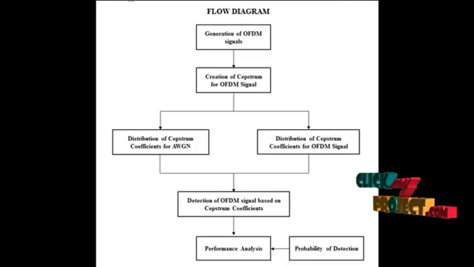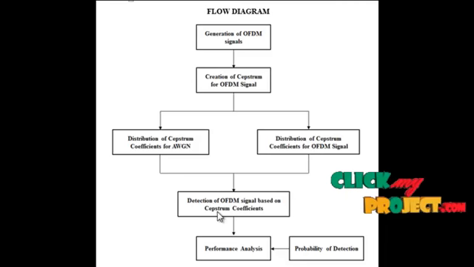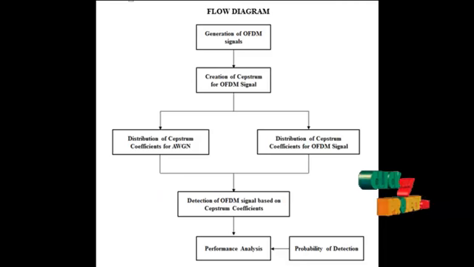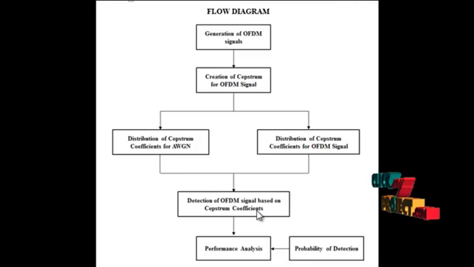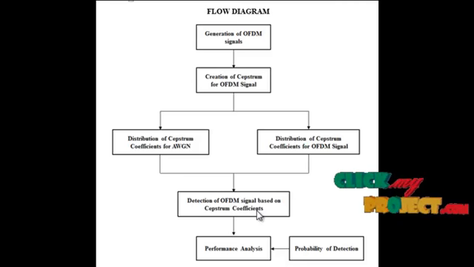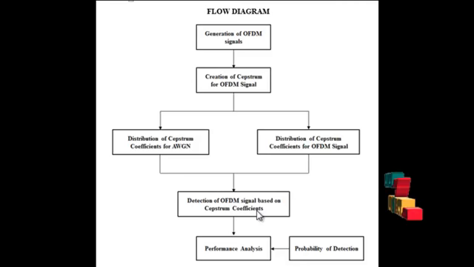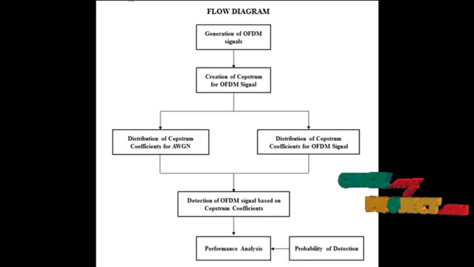Next, the detection of the OFDM signal based on Cepstral coefficients is analyzed. Once we obtain the distribution of the Cepstral coefficient for AWGN and also for the OFDM signal, we have to calculate the detection of the OFDM signal based on the analyzed Cepstral coefficients.